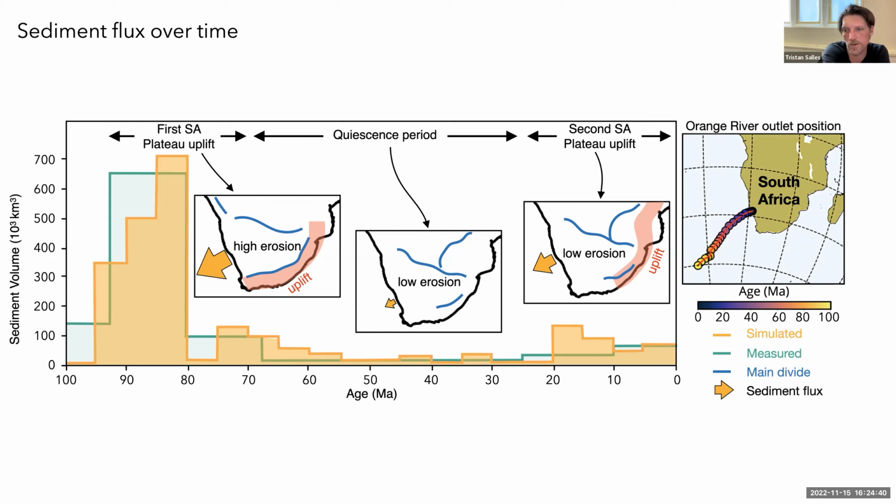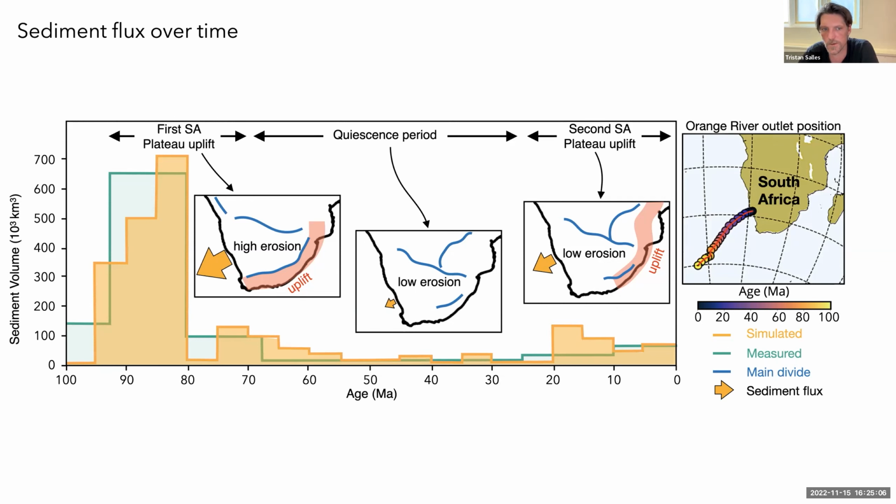The teal actually is the measured value, which is extracted from the stratigraphic record, so looking at the accumulation of sediment in the ocean and dating these sediments. And what you've got in orange is what the model is predicting.